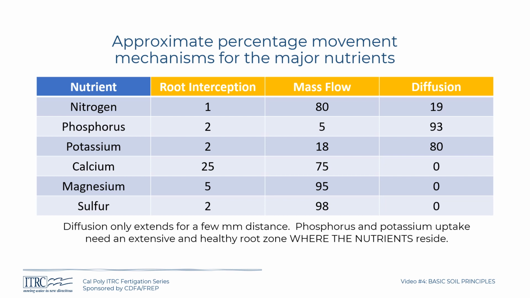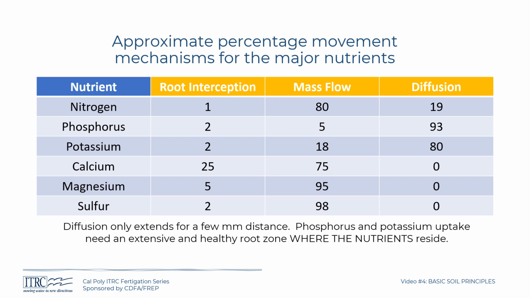And that means you have to have a really good, healthy, extensive root system. If you have nutrient problems, if you're not taking up enough phosphorus, if you have a deficiency, what this says is that it may not necessarily be because you don't have enough phosphorus in the soil.